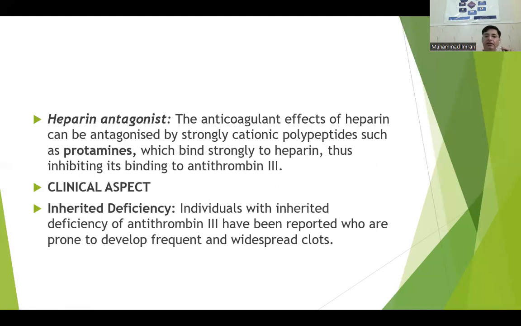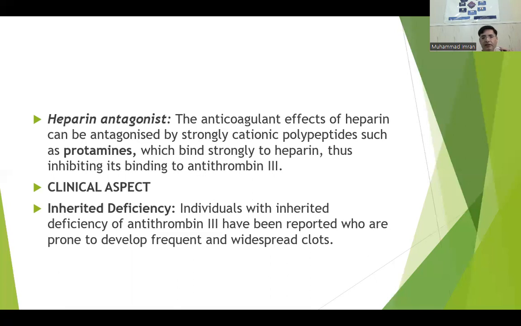Heparin attaches with the antithrombin 3 protein, which causes dilution of blood and inhibits clot formation. But if we use protamine, heparin does not attach with antithrombin 3. So what happens? The anticoagulant factor will be decreased.